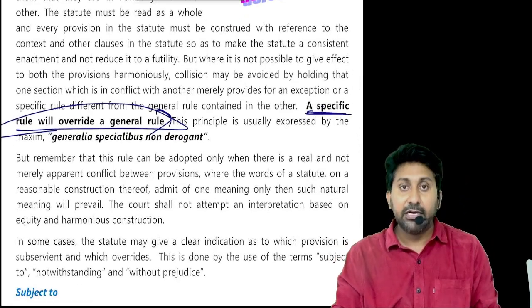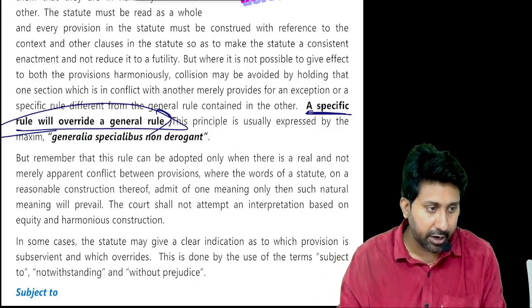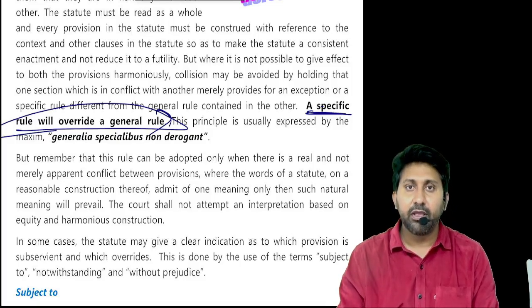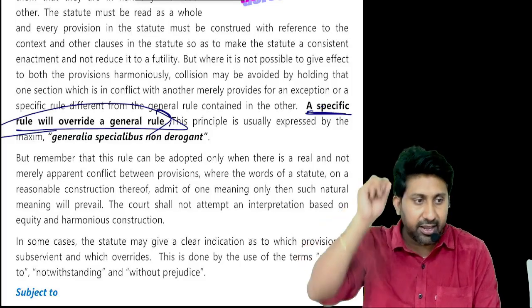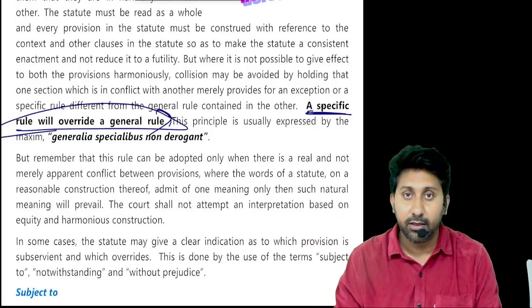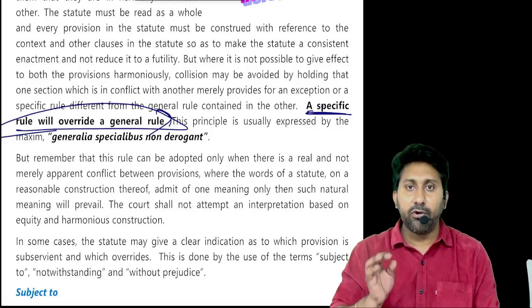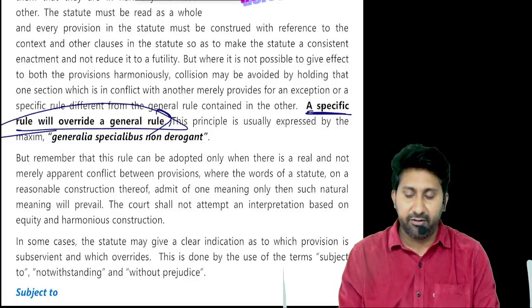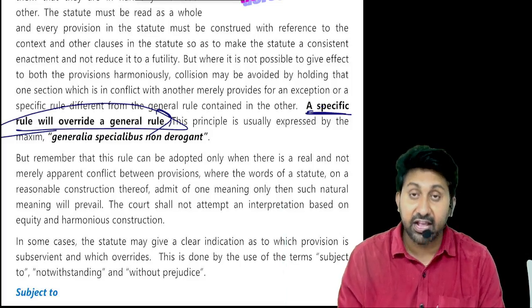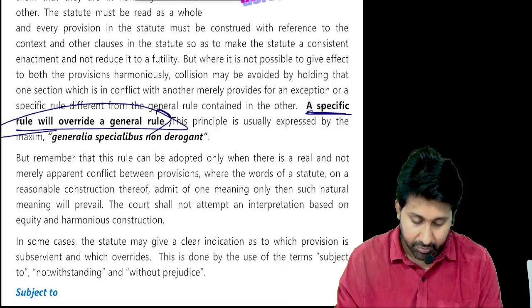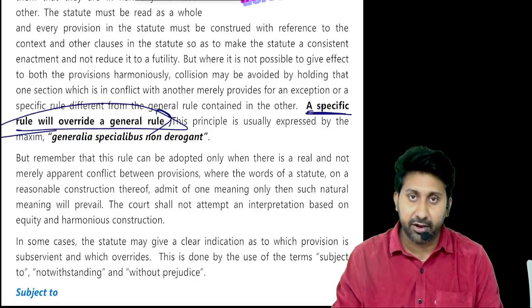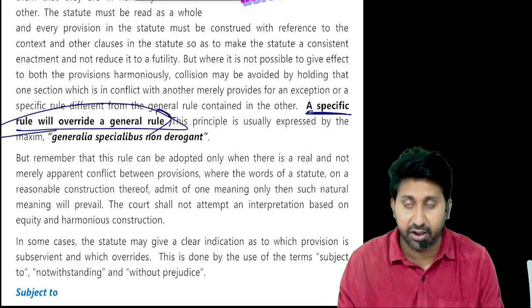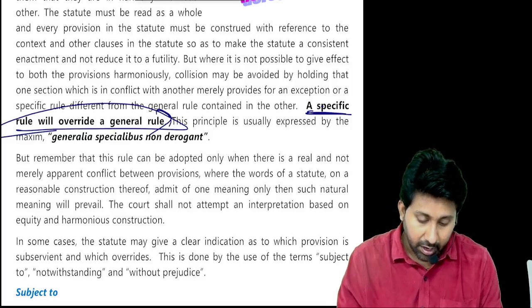Okay. Next point. It is to be noted that, this is a very important line. Write down. It is to be noted that this rule can be adopted only if there is a real conflict, but not an apparent conflict.